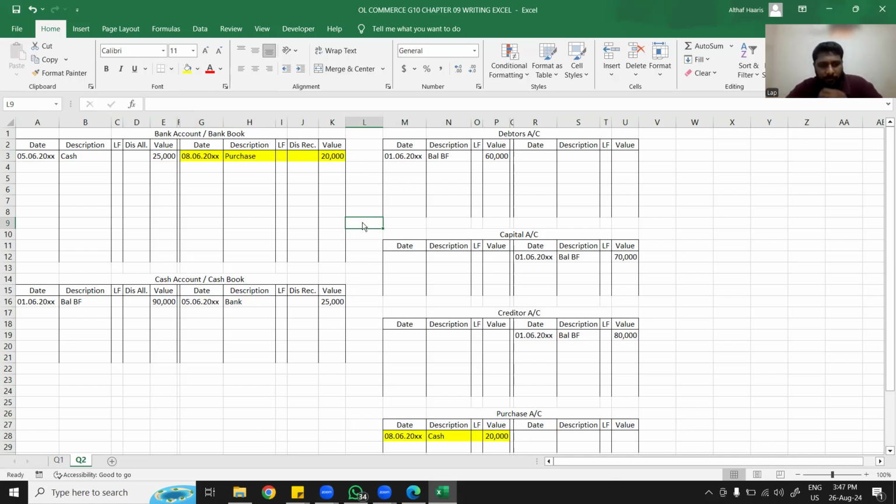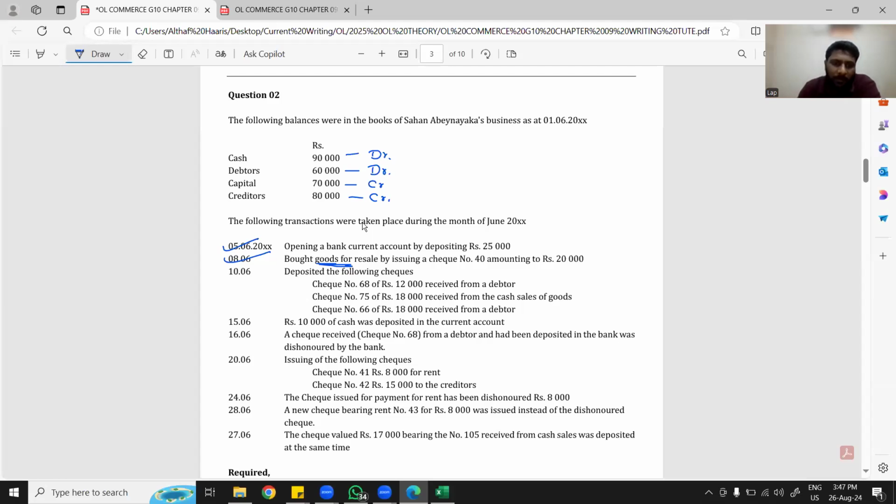Next one. Deposited the following checks. Check number 68, 12,000 received from a debtor. Check number 75, 18,000 received from cash sales of goods. Check number 66, rupees 18,000 received from a debtor.